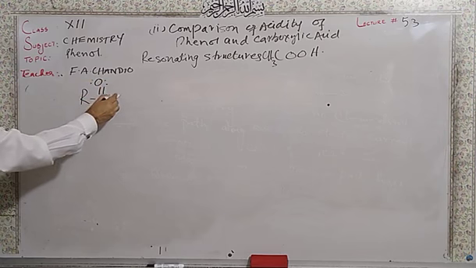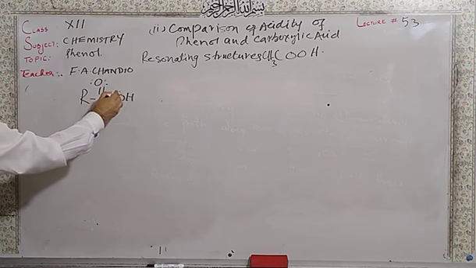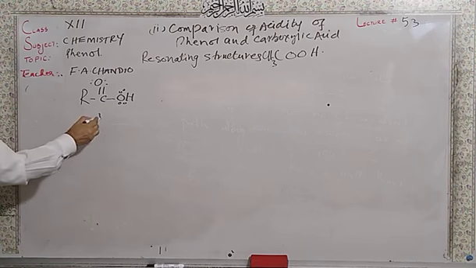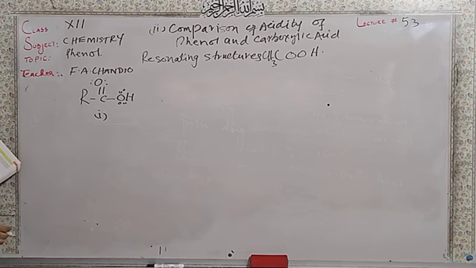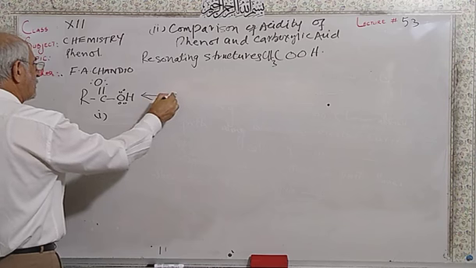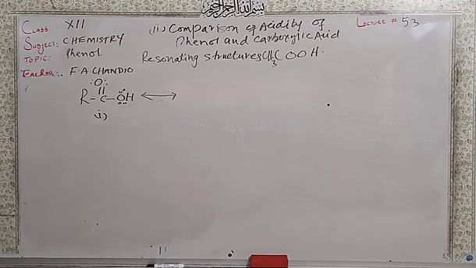This is the ketone group and this is the alcohol group. The whole we call carboxylic acid. So this is structure number 1, and it is going to resonate. How is it going to resonate?